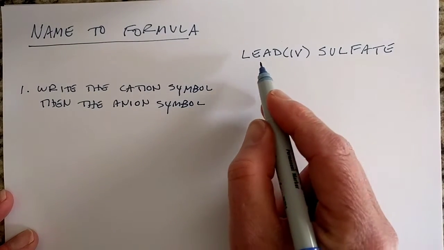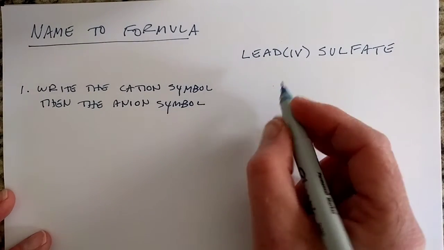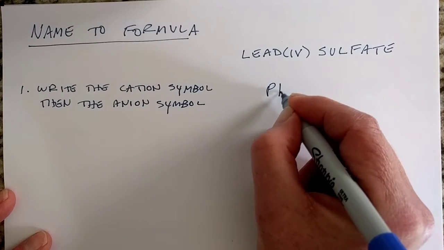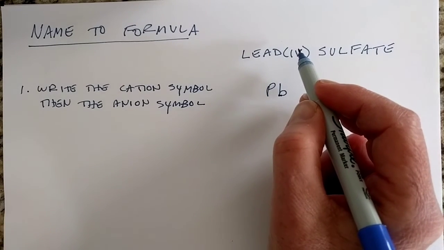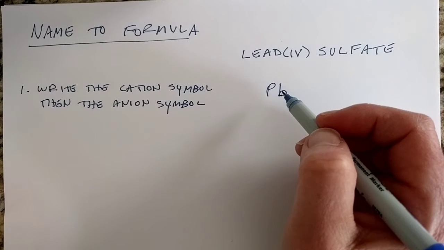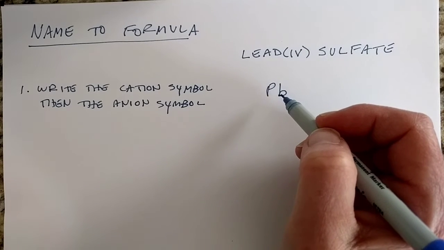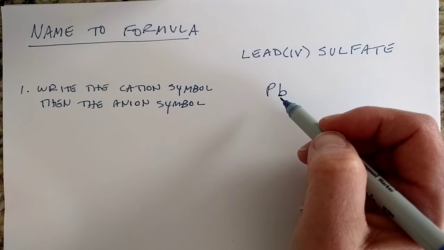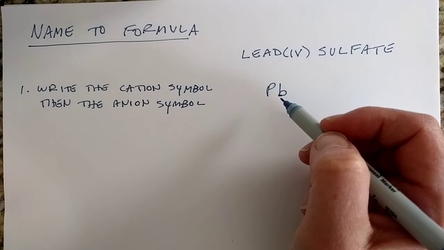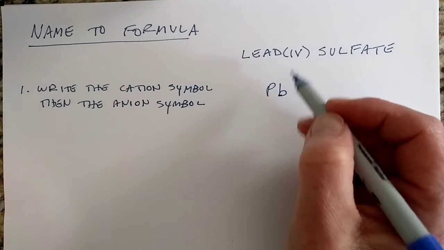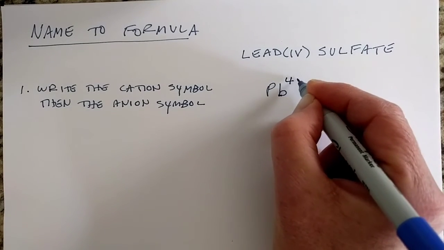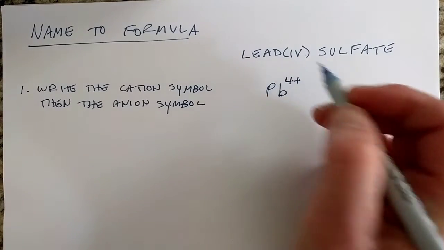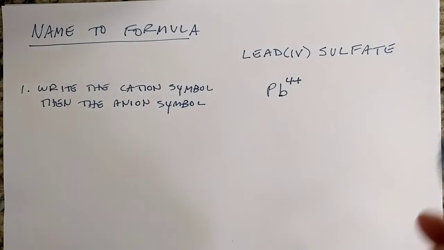So lead, Roman numeral 4. Lead we know is Pb. This Roman numeral tells us the charge of this particular lead ion. If we look on the chart we made yesterday, we see that lead can be 2 plus or 4 plus. In this compound, it is 4 plus. That's what that Roman numeral tells us, the charge of that ion in the compound.